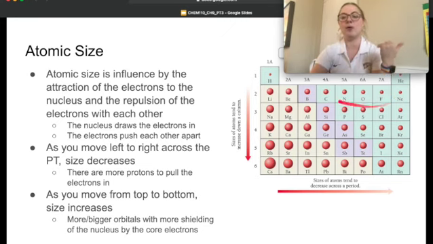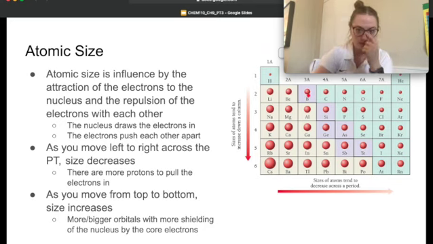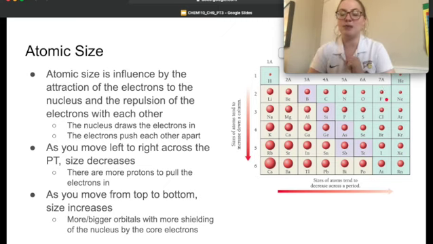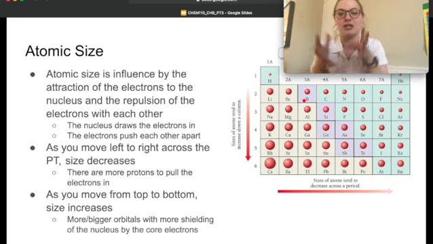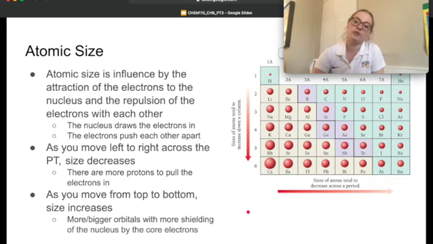For example, these are only the main group elements you see on your screen, okay? So beryllium doesn't sit next to boron, right? The transition metals are in the middle there. But if I'm looking here, this is the P block, so they all have the same outermost shell, but fluorine is much smaller than boron because it can pull those electrons in tighter, since there's more positive charge pulling on them. And we also know that the atomic size increases as you move down, okay?